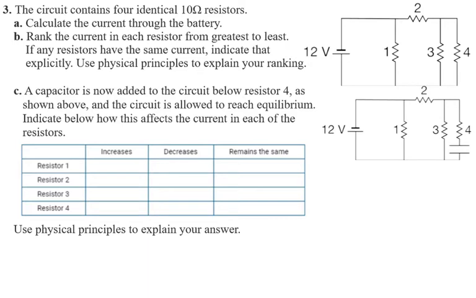And then for part C, a capacitor is now added to the circuit below resistor 4 as shown on our right, and the circuit is allowed to reach equilibrium. Indicate below how this affects the current in each of the resistors.